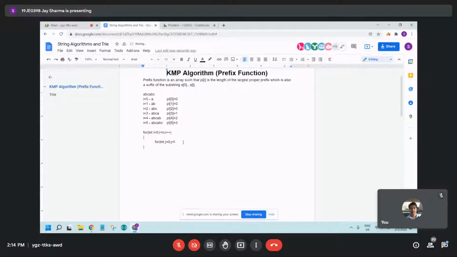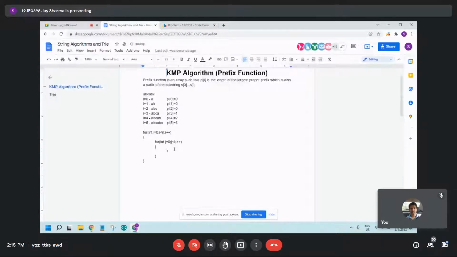One thing is important: you cannot iterate up to I, because we are only considering the proper prefixes, not the whole prefix. So you need to iterate only while j is less than I.